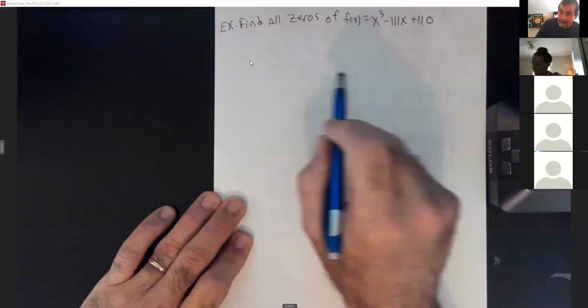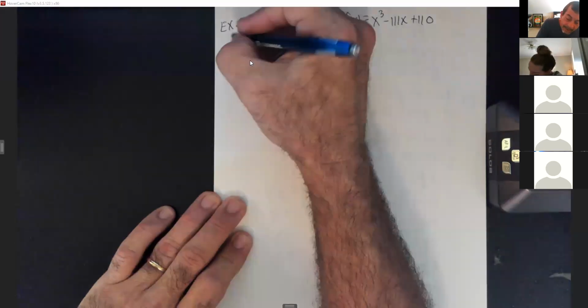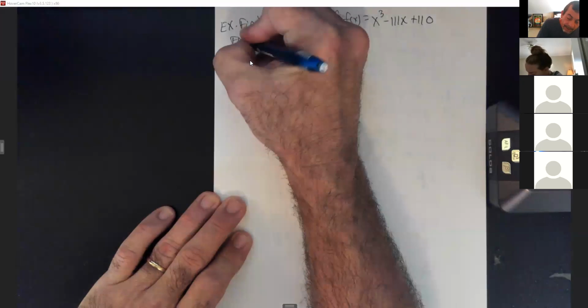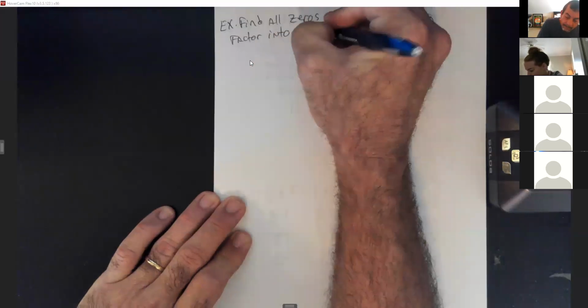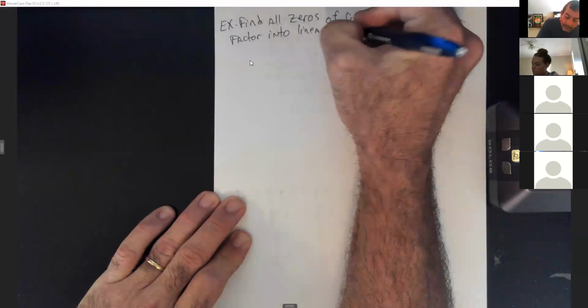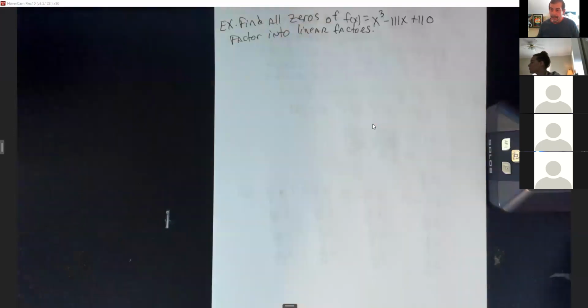Then once I find all the zeros, they want me to factor this into linear factors. So that just means they want me to put them back into parentheses instead of just having them final answers.